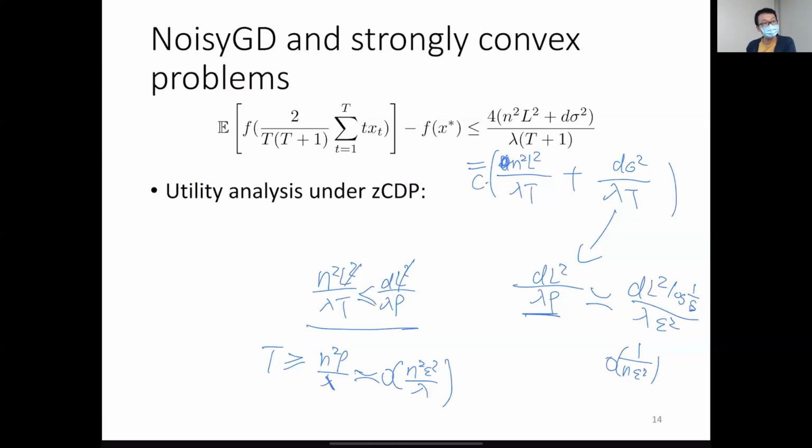So when lambda is the largest possible value, n, the computational complexity needs to be running a number of iterations the same as the size of the data set, right?